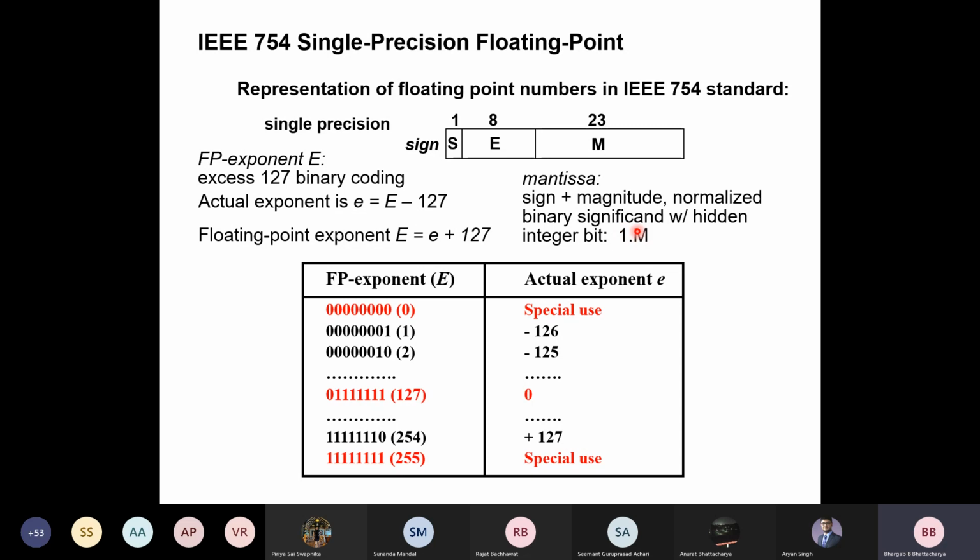If I hide this leading bit, then I cannot represent 0. The representation of 0 has become a problem. So in order to resolve that, I use this exponent for special use. In order to represent 0, I have to use all exponent bits as 0, and then all mantissa bits as 0.